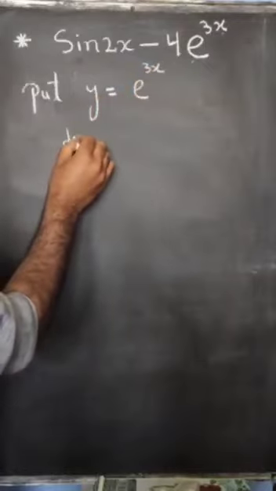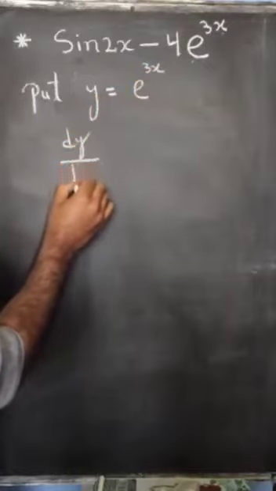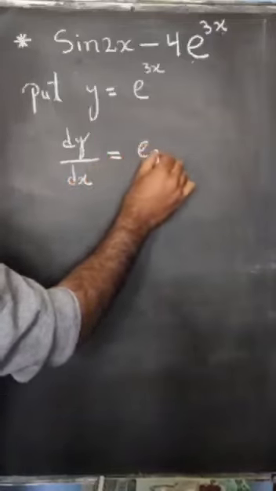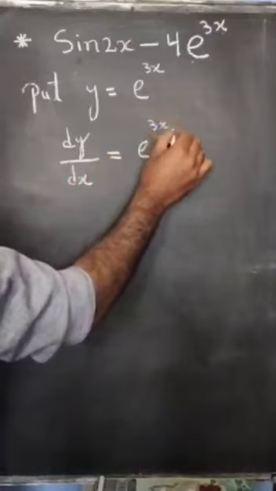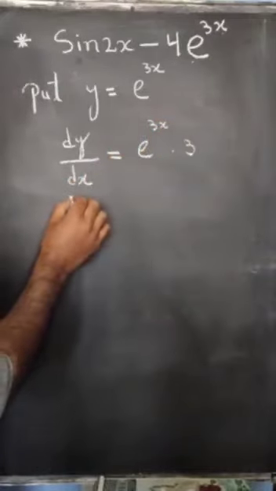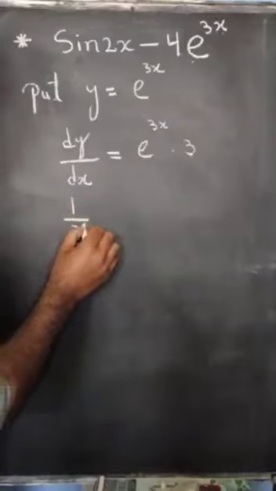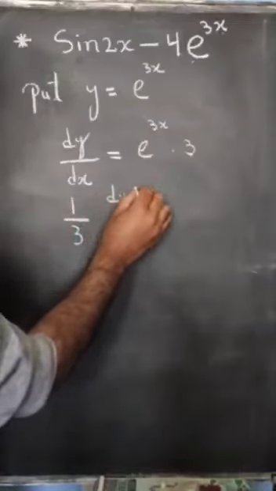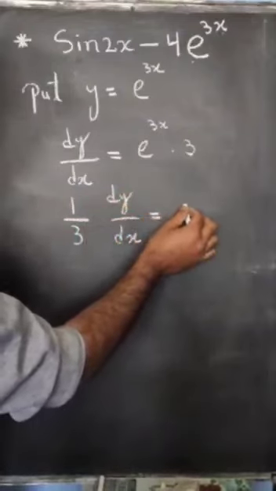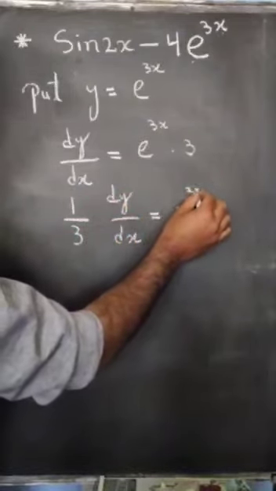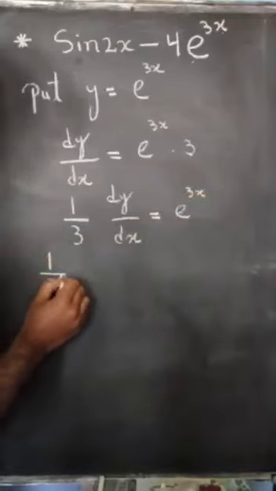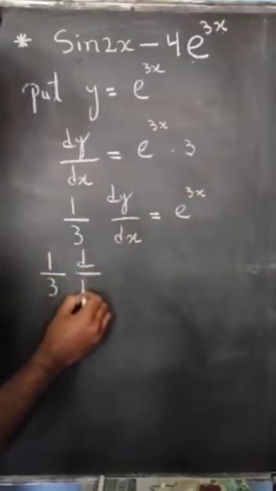Now differentiate y with respect to x, we get dy by dx is equal to e raised power 3x into 3, or 1 by 3 times dy by dx is equal to e raised power 3x, or we can write 1 by 3 d by dx of y.